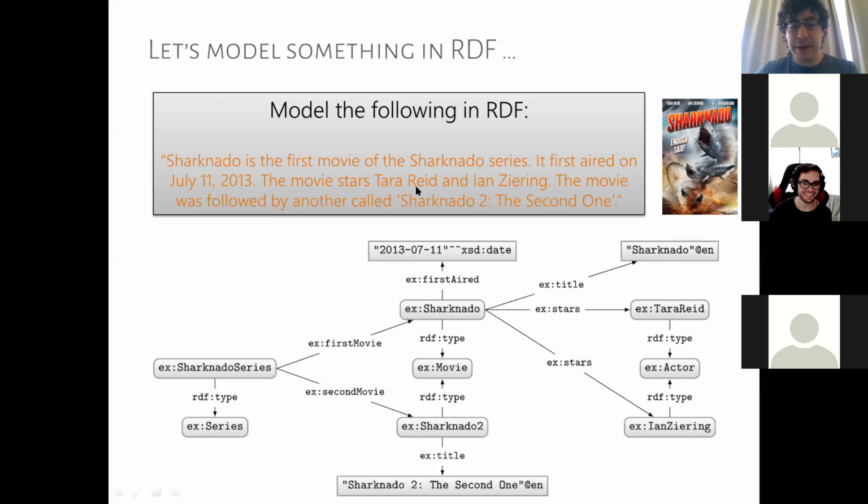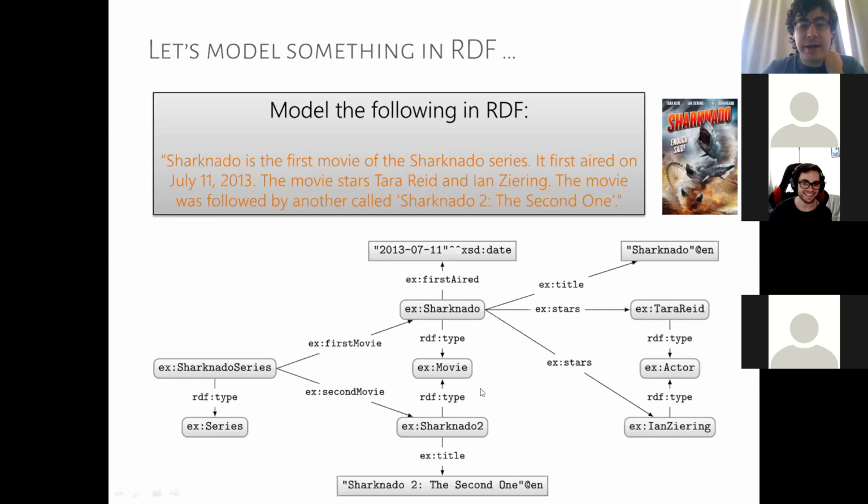The movie stars Tara Reid. Here's Tara Reid here. Here's Ian Ziering. So we add an edge labeled stars between the movie and Tara and Ian. We say that, okay, Tara and Ian are actors, which is not 100% necessary, but okay.